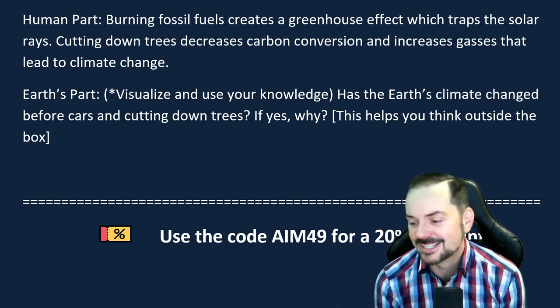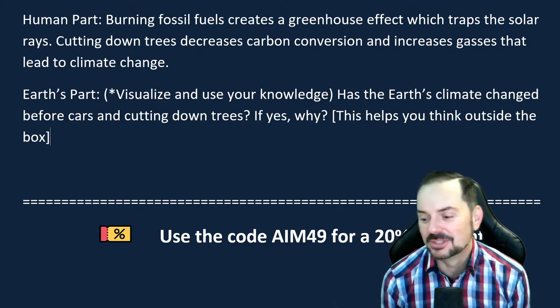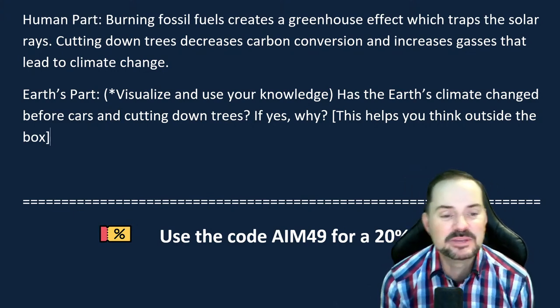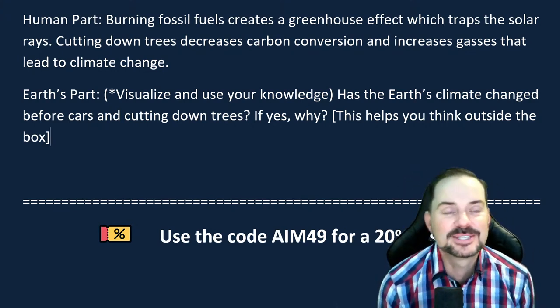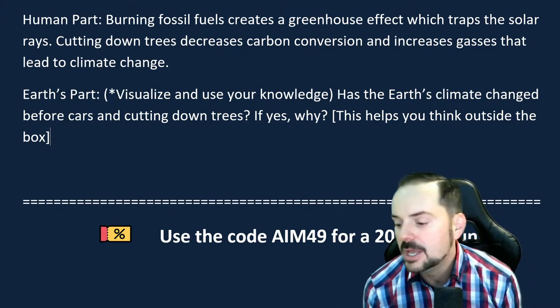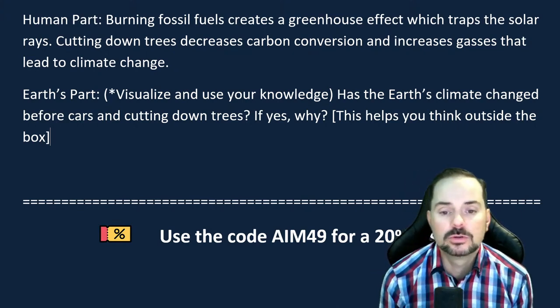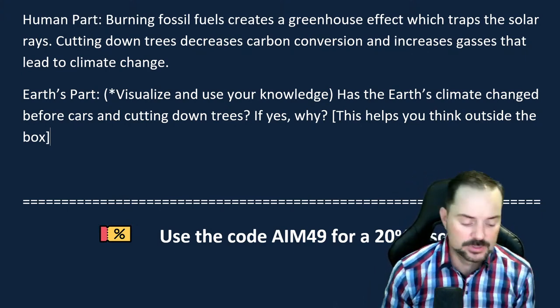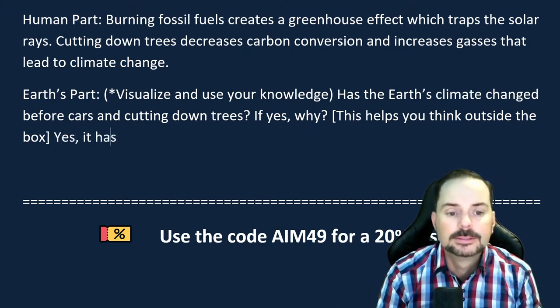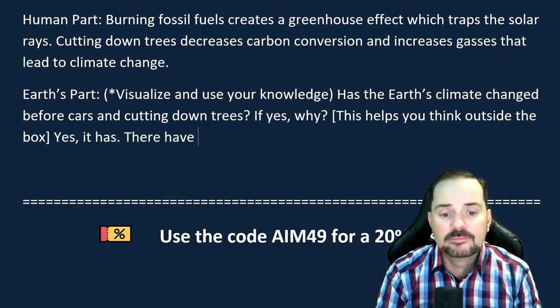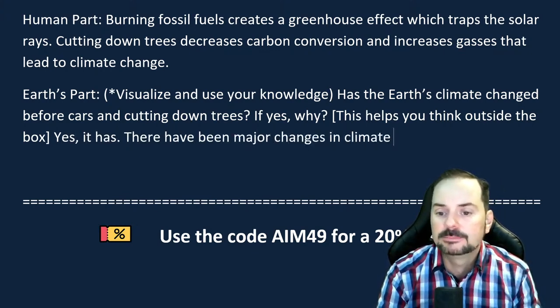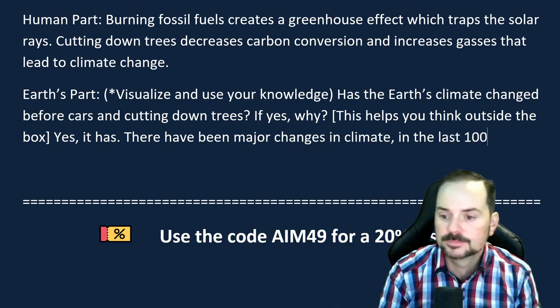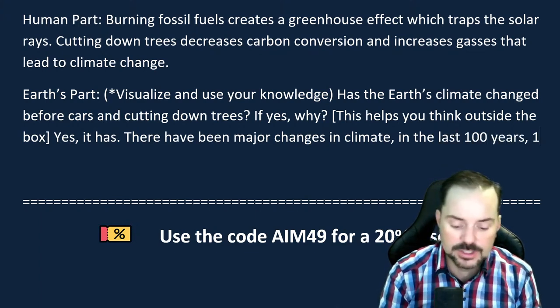Baljit says because it's a cycle of nature that wants to eliminate humans. Maybe, Baljit, maybe Gaia is upset with us and Gaia is a bit angry. But there are some logical answers that I would come up with. Mal says, yes, it has changed. So yes, it has. There have been drastic changes or major changes in climate in the last 100 years, 1,000 years.